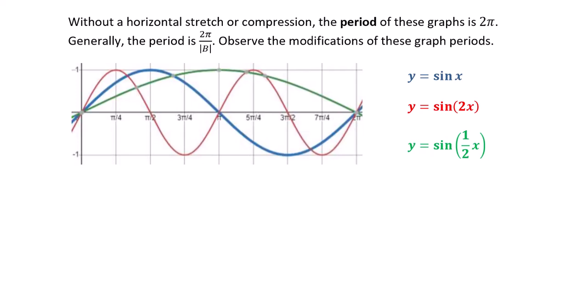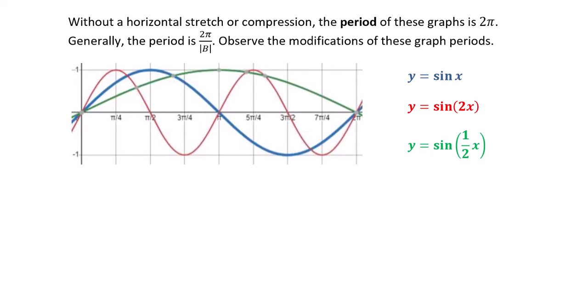Our standard y equals sine x graph is in blue, and y equals sine of 2x is in red. You can see here that because we have a 2 in front of the x, it has compressed that function horizontally, and we can actually cover 2 complete cycles in that graph by the time that we get to 2 pi.